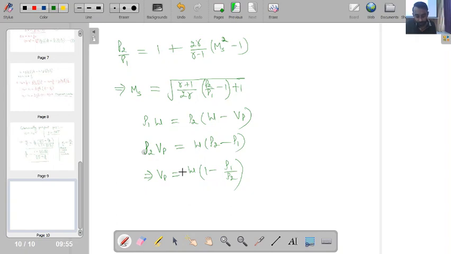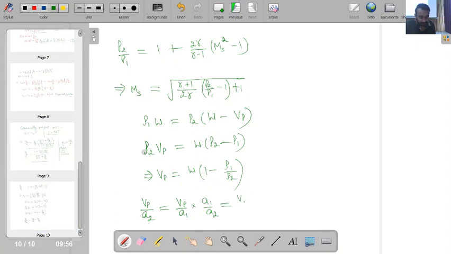Now, the way we used to write down the Mach number for the downstream flow, here also I can write down the definition of Mach number for the fluid which has undergone the mass motion. For that, I can define Vp by A2. This Vp by A2 will become nothing but Vp by A1 into A1 by A2. Here I have divided and multiplied with A1.